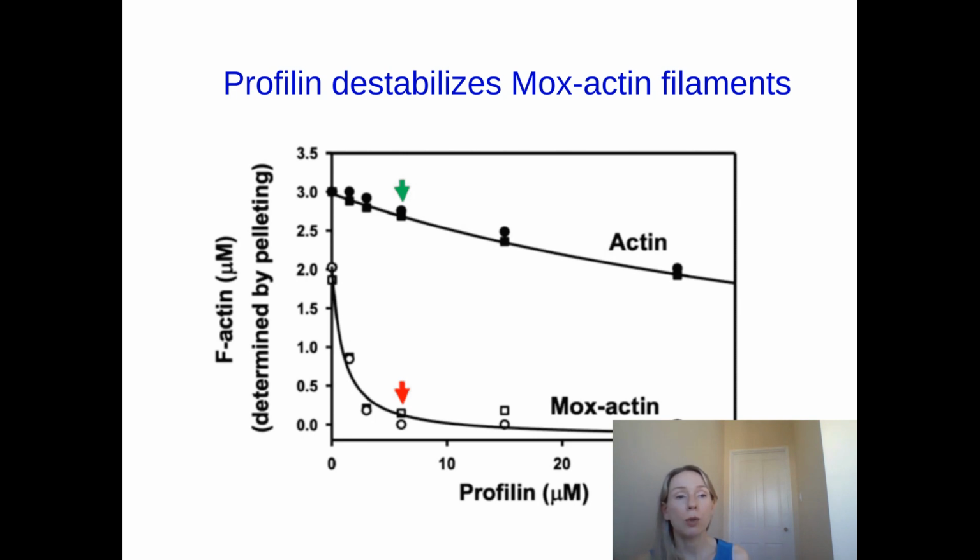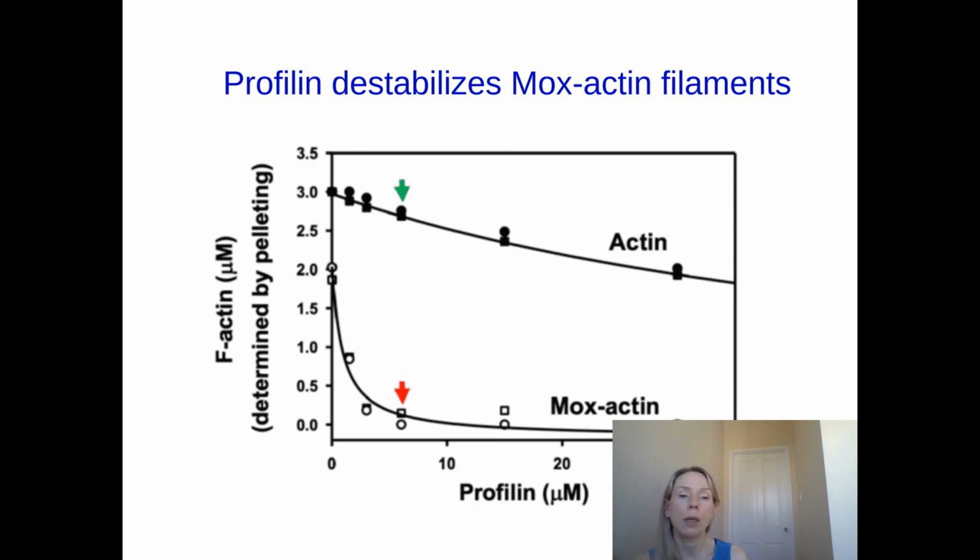And then we determine, usually using high-speed centrifugation, the amount of filamentous actin in the pellet and in the supernatant.